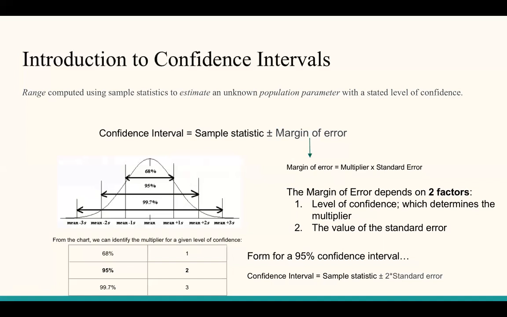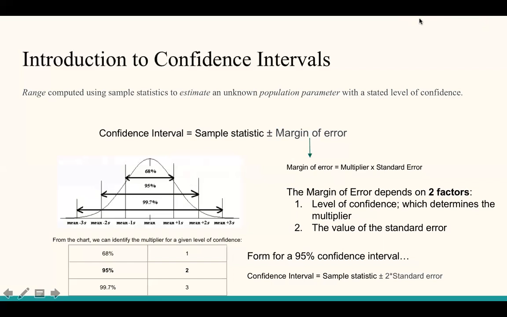It doesn't really matter which order you do it in, but you would take your sample statistic plus 2 times your standard error, and then you would get one number. And then you would take, again, your sample statistic and subtract 2 times the standard error. So those 2 numbers that you get from adding and subtracting would make the interval, which is the confidence interval you're going to want to use.